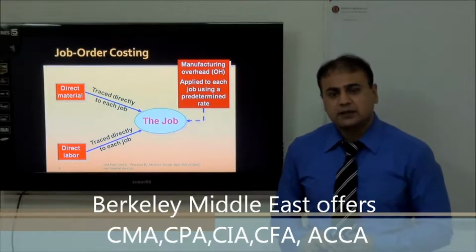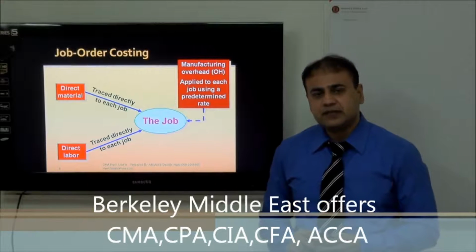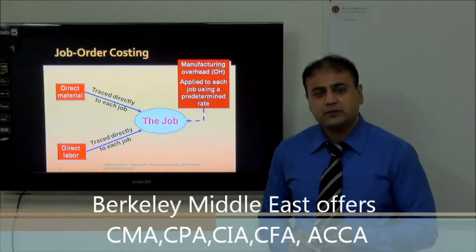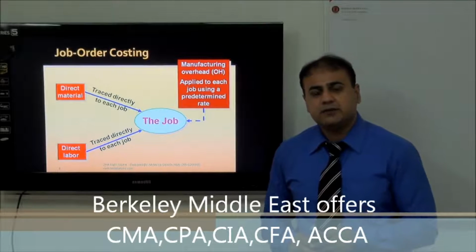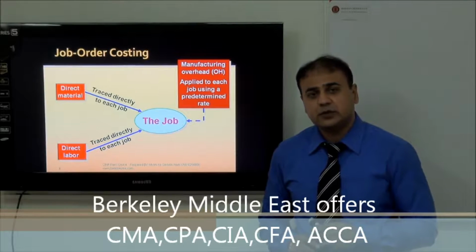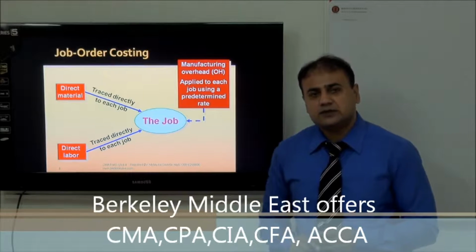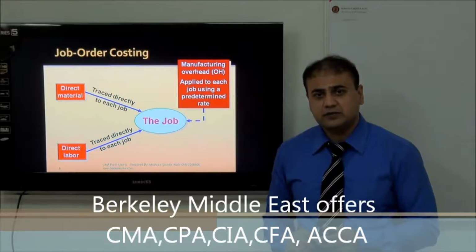In fact, we have certain ways to determine the per unit overheads. It may be actual, it may be standard, it may be based on experience. We know that this much overhead we generally consume, and based on that experience we are going to have a predetermined overhead, which we will put into the job.